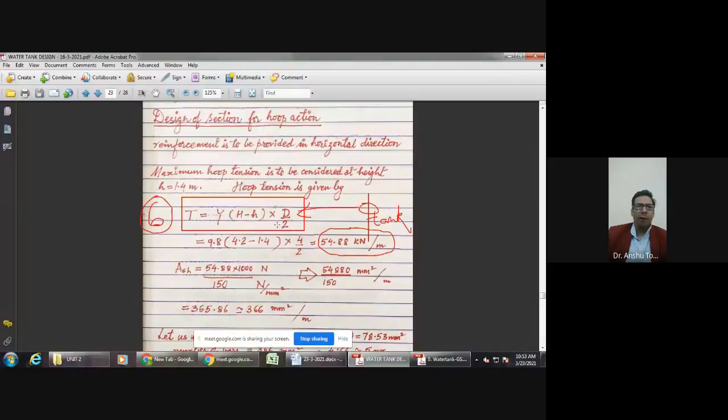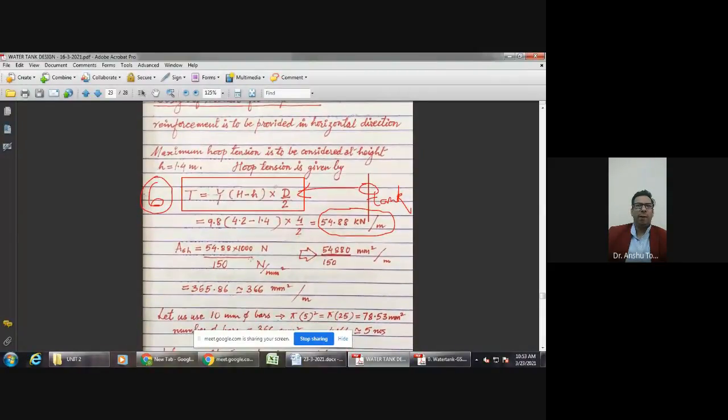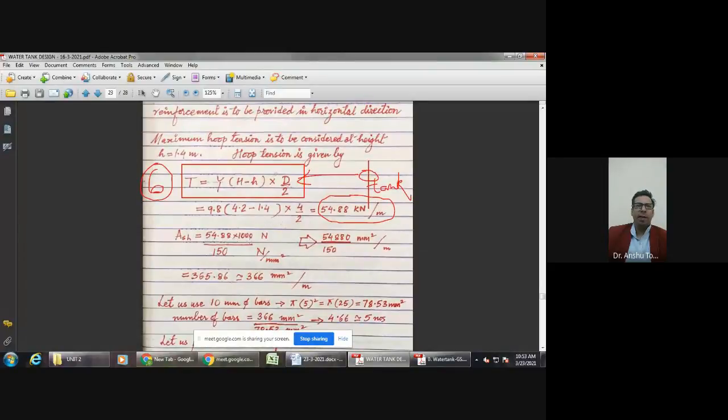Now, if we want to find out the area of steel, we have to simply divide the tensile force you have got with the permissible stress. What is stress? Stress is load upon area.